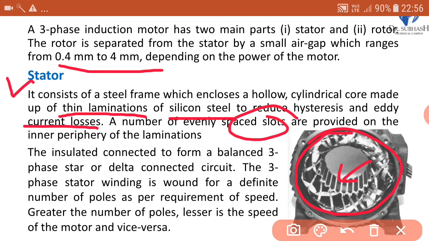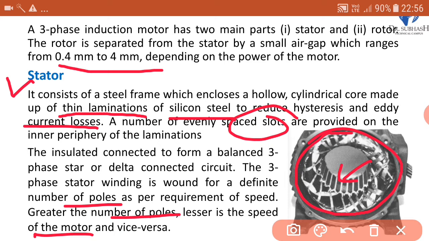The three-phase winding is wound for a definite number of poles, as per the requirement of speed. The greater the number of poles, the lesser is the speed of the motor. If the number of poles is less, then the speed will be high.